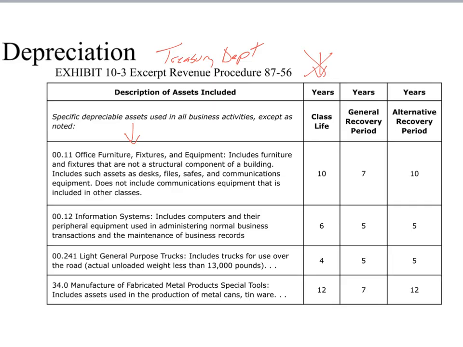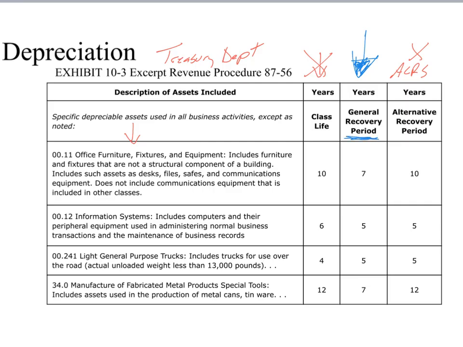This alternate recovery period, you may have heard of ACRS. That's the predecessor to MACRS. If you have assets that have been in your possession for a number of years, you may have holdover from ACRS. We are not concerned about that column for our purposes either. What we are concerned about is this column right here, this general recovery period. This is what we want.